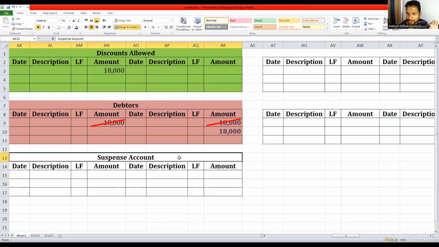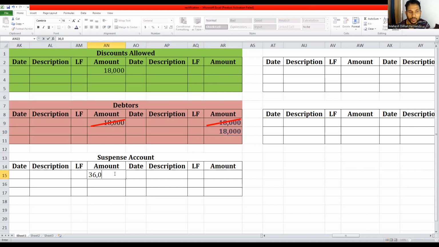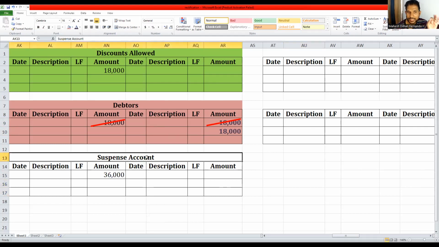Therefore, to complete the double entry system for this rectification, I have to debit the suspense account by 36,000. So the rectification entry for this error is suspense account debit 36,000, debtors account credit 36,000.